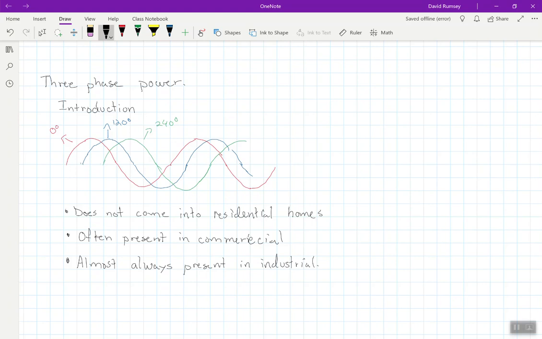So it's almost always present in an industrial application when you're doing any kind of high power stuff, or you have any kind of motors or things of that nature. You often have three-phase power coming in.